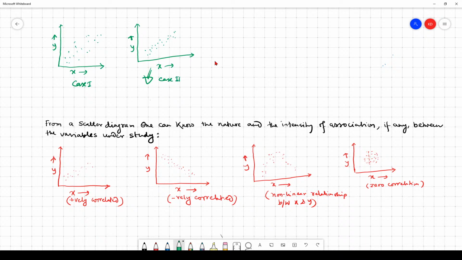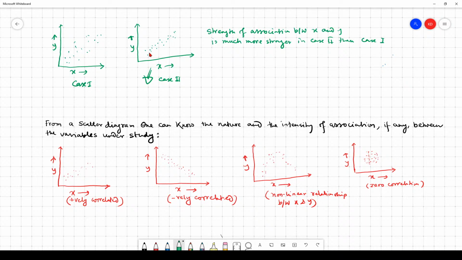So the strength of association between x and y is much stronger in case 2 than case 1.